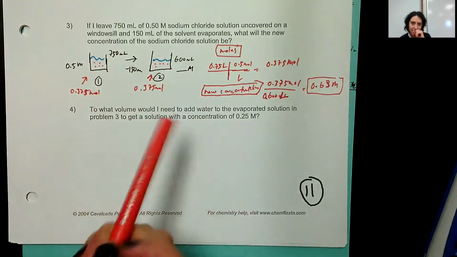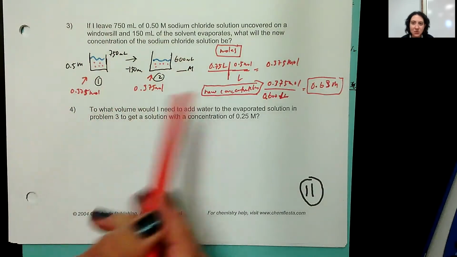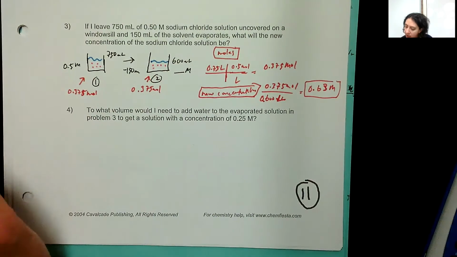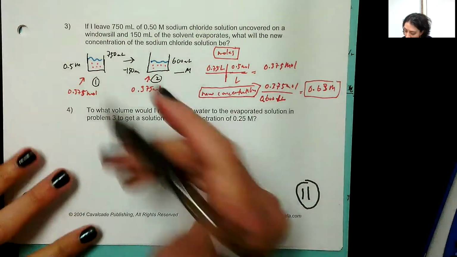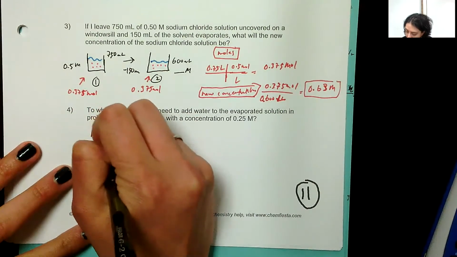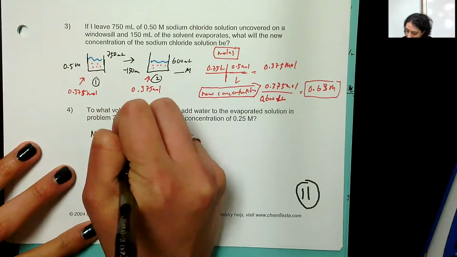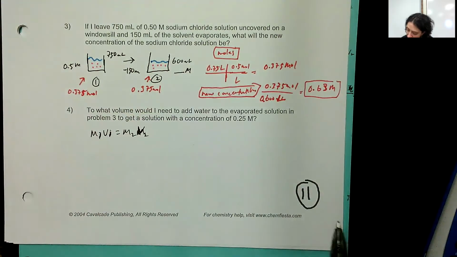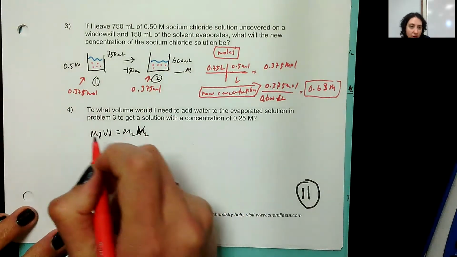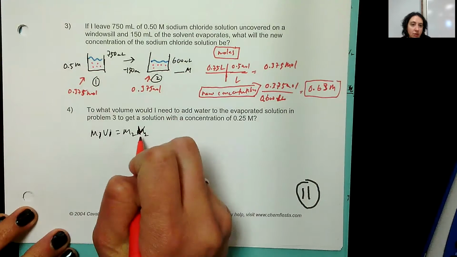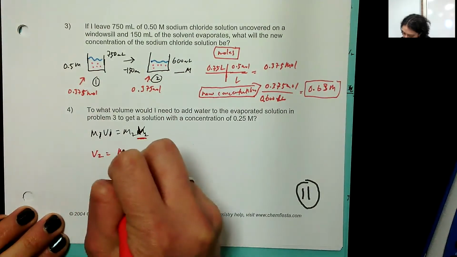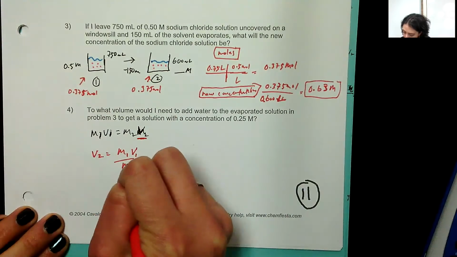So how to do this problem? Well, we can kind of pick whatever method we want on this one. But maybe we'll try M1V1 equals M2V2, just to shake up our problem solving techniques. So we are going to be solving for V2. V2 is going to be equal to M1V1 over M2.